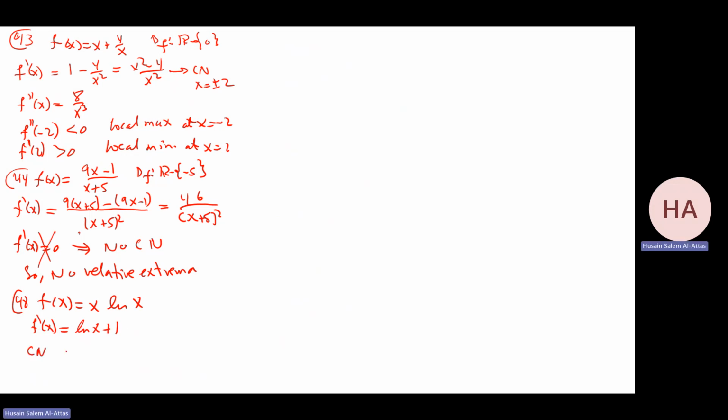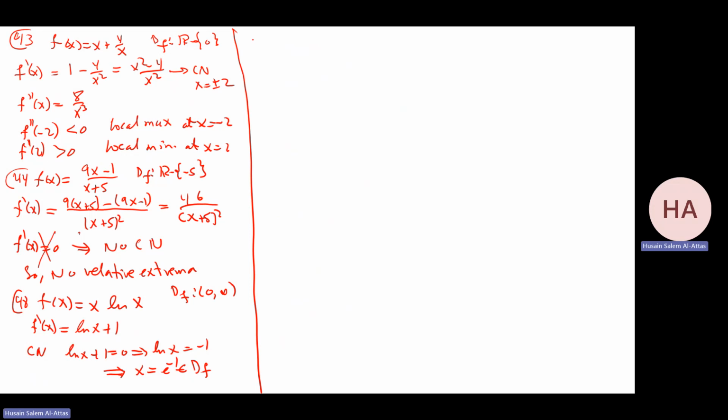Critical numbers, I have then ln x plus 1 equal to 0. So I have x equal 1 over e. By the way, the domain of f is from 0 to infinity, which contains this number.